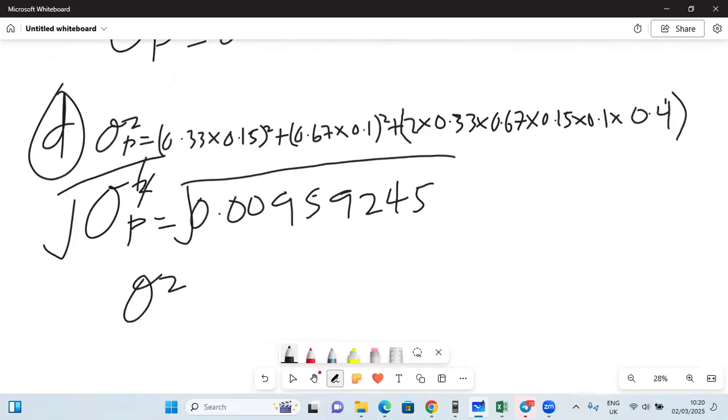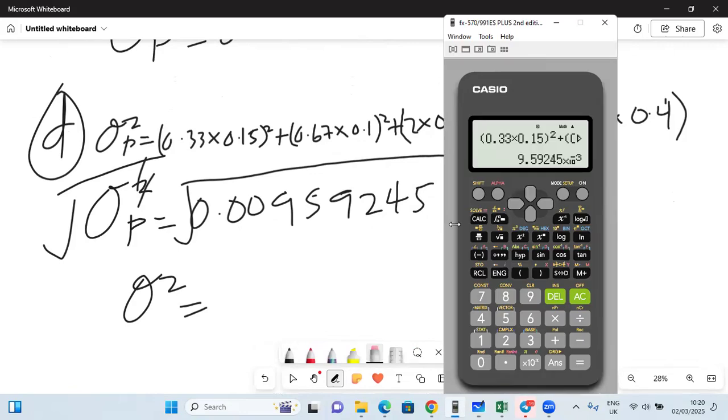The standard deviation is going to be 0.097.